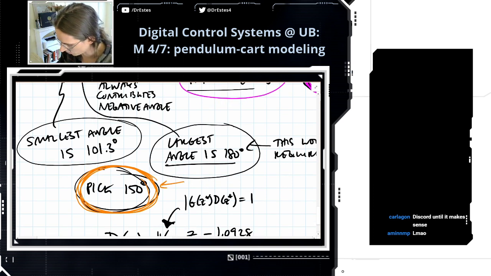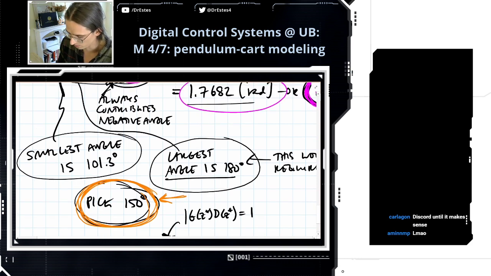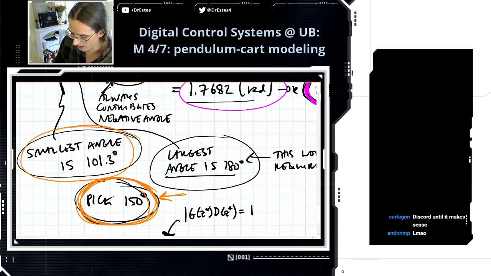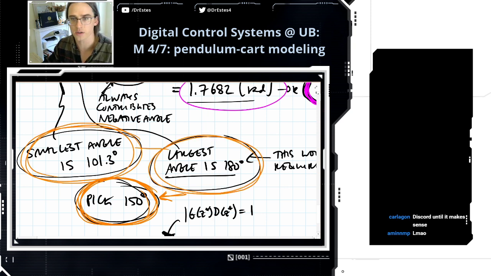In your code, what we did, because we built a code together in class, was make it check a bunch of controllers between the smallest and largest angles. You could try 10 controllers, 100 controllers, 1,000 controllers. It doesn't matter because it's a computer doing it for you. But the computer's going to do the same thing that I just did.